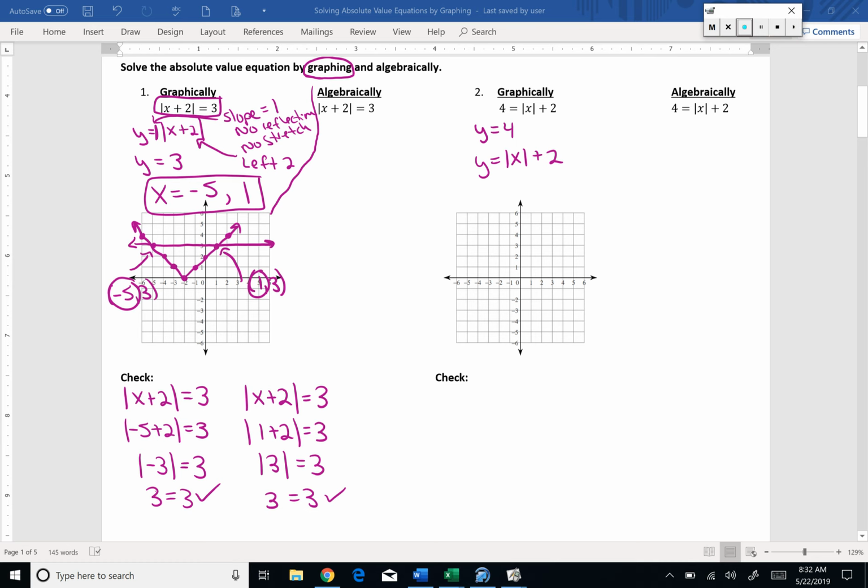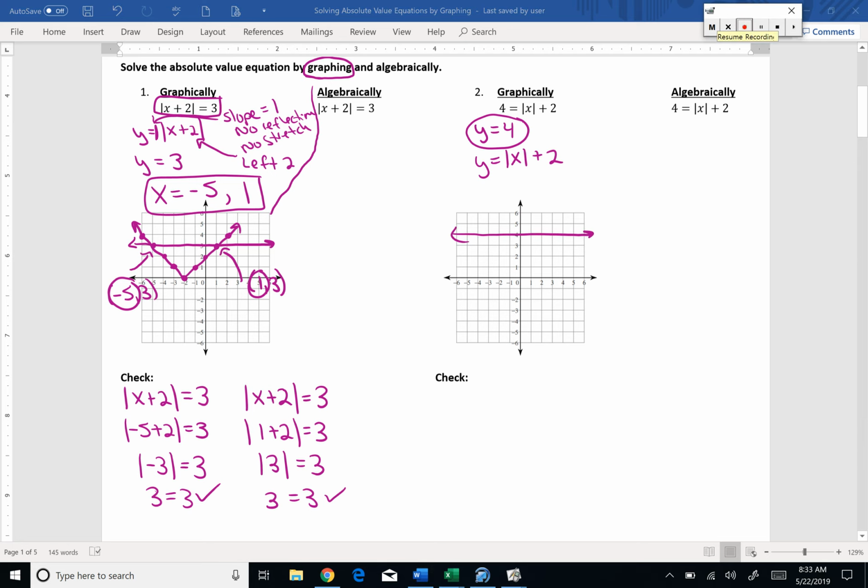All right, so when we go to graph this one, it's something that I'm hoping you kind of catch on to pretty quickly. When you have just y equals a number, whether it's listed first or second, the y equals one, I would always graph that one first. You know exactly what that's going to look like. That's going to be a straight line, a horizontal line, through whatever value the y is.